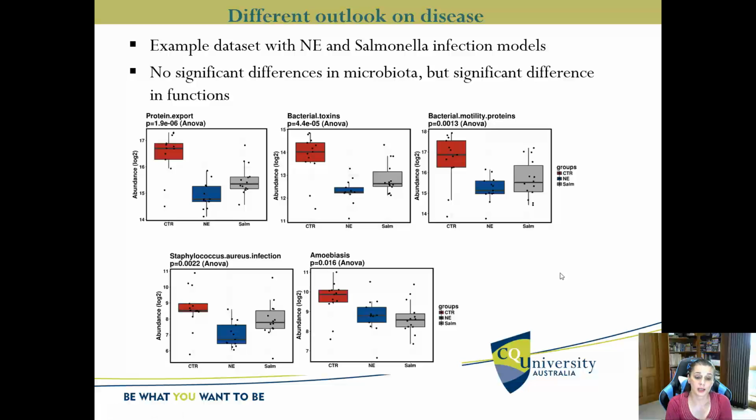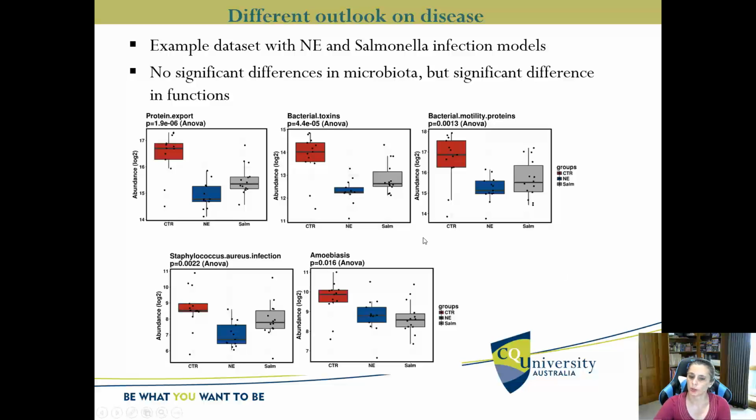But what we're seeing is that both of these pathogens that we used in the infection model reduced protein export, bacterial toxins, motility, and ability to infect of the whole bacterial community. So it's like they are suppressing all other pathogens and only they are thriving.